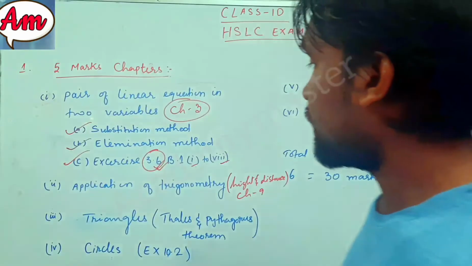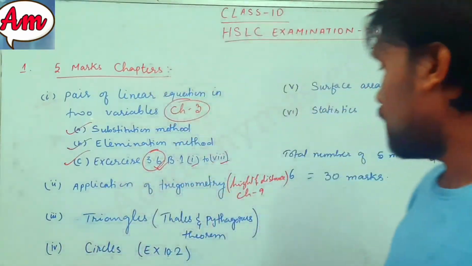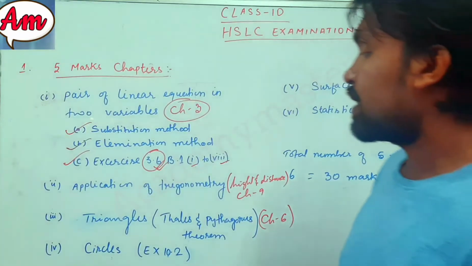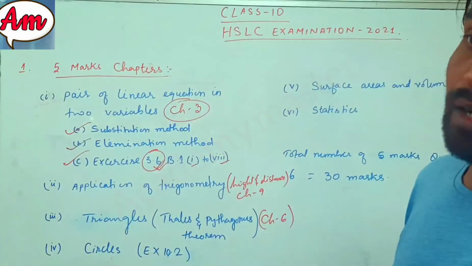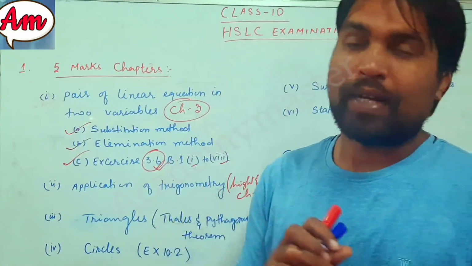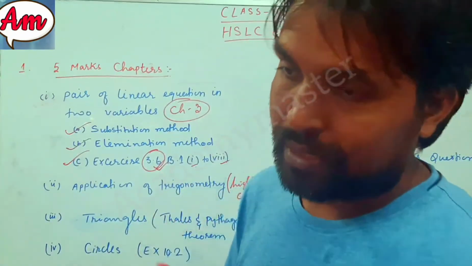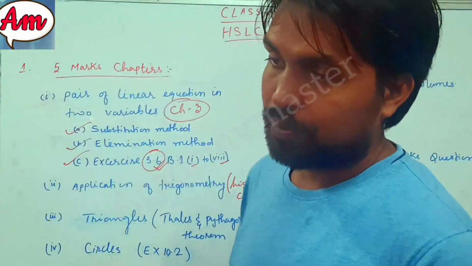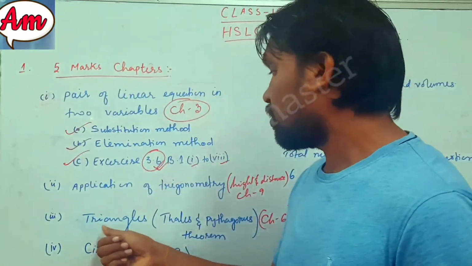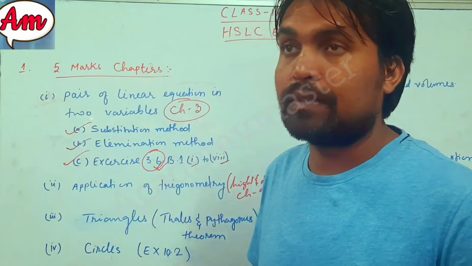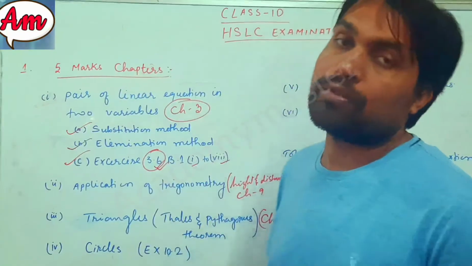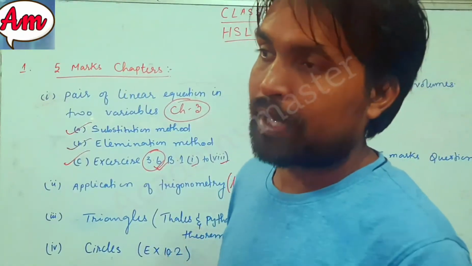Next, triangles. It is chapter number 6 in your book. From triangles, of course, you will practice the exercises. But for those students who are finding triangle chapters a little difficult, for practicing other exercises like 6.1, 6.2, 6.3, 6.4, and 5, which are not included, my suggestion is you better go for the proofs of the Thales and Pythagoras theorems.